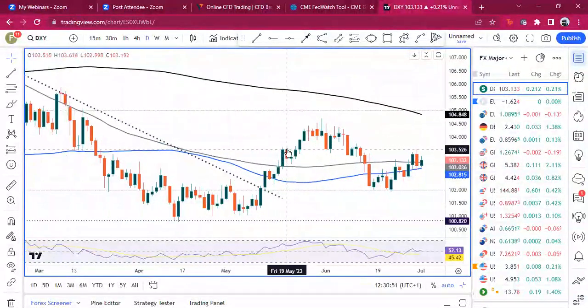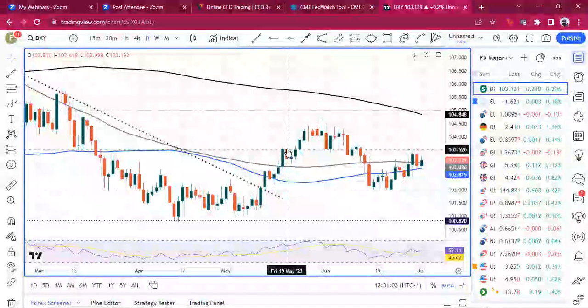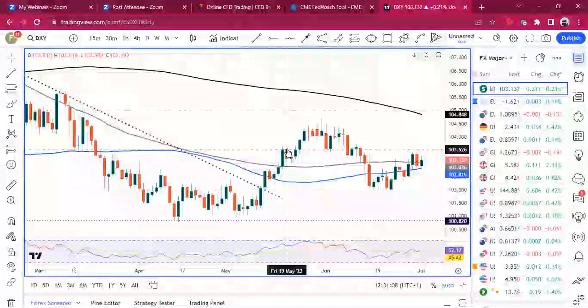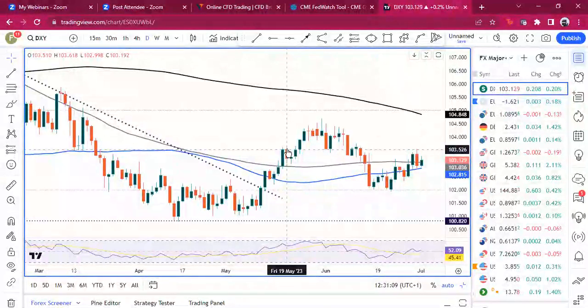Otherwise, data releases in the US last week really surprised to the upside. Durable goods, if you remember, rose in May despite expectations for a drop. We also had higher home sales. We had better consumer confidence, actually the highest reading since January 2022.